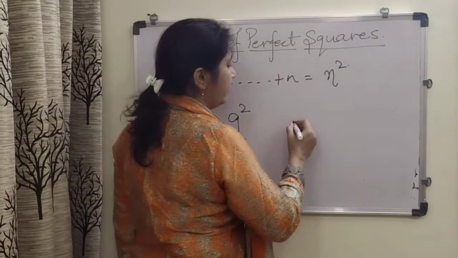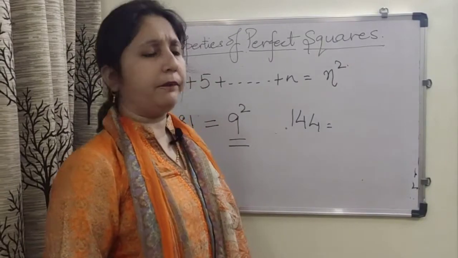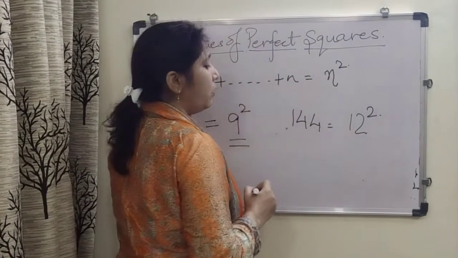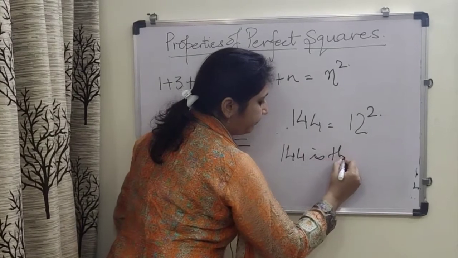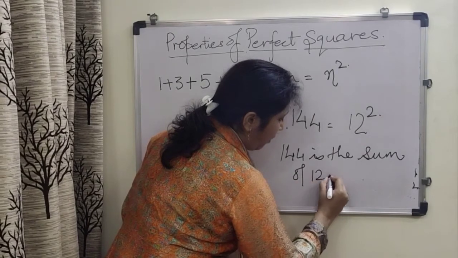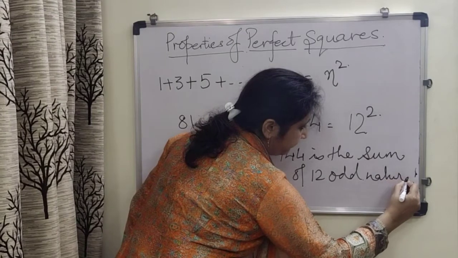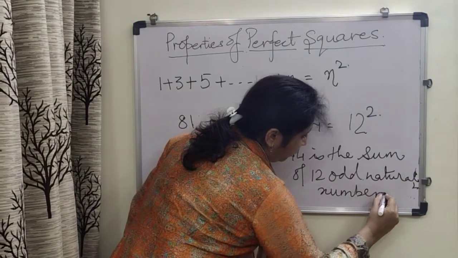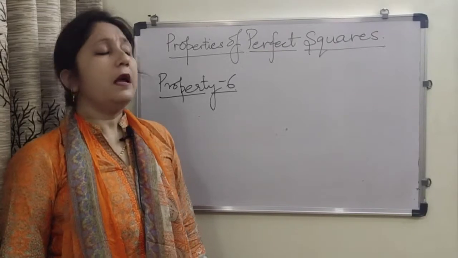If anyone says 144, how many odd natural numbers are added over there? 144 is the square of 12, isn't it? So 144 is the sum of 12 odd natural numbers. So this property can be used in both the ways.